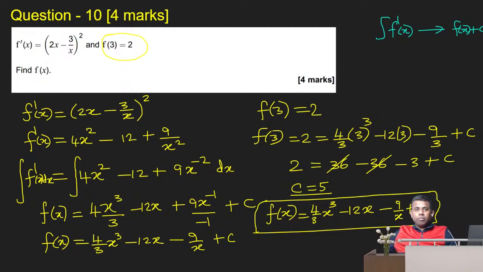Sorry, I think I'm covering up the working. If I turn a little bit, I'll show you: that is the answer. 4/3 x cubed minus 12x minus 9 over x plus 5. So now we've come to the end of question number 10.